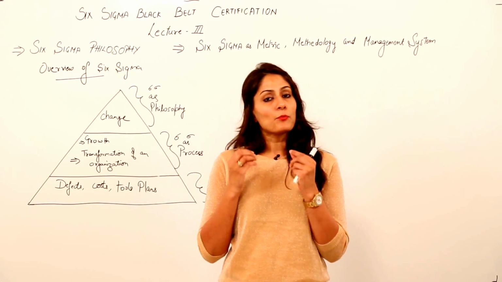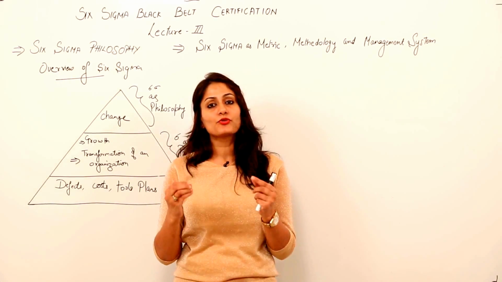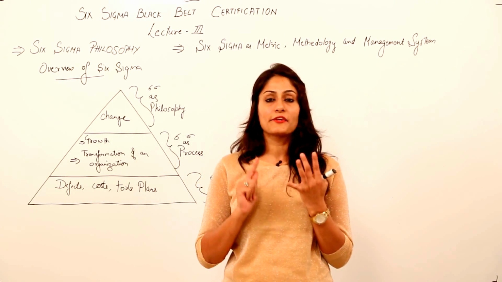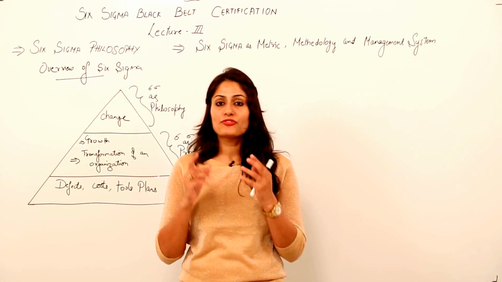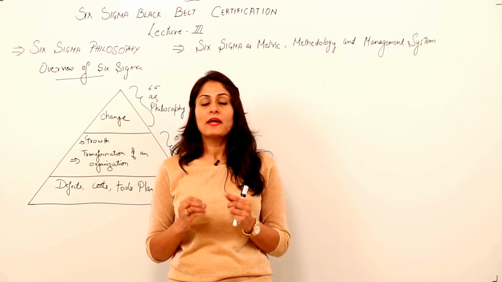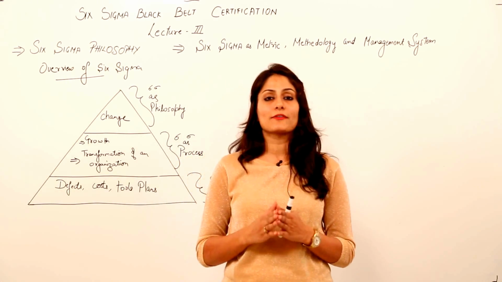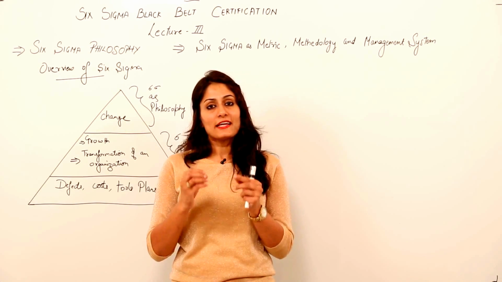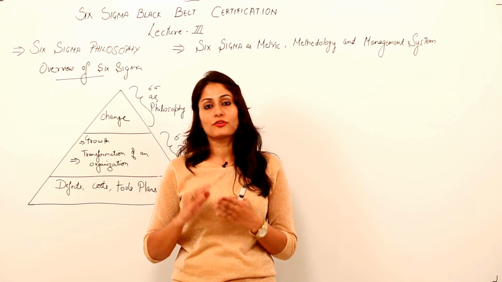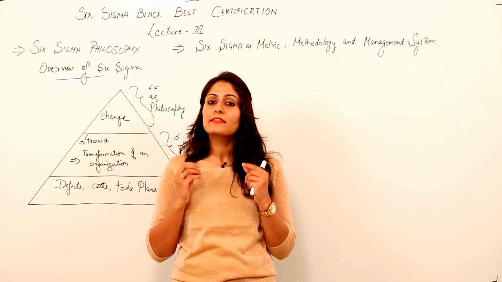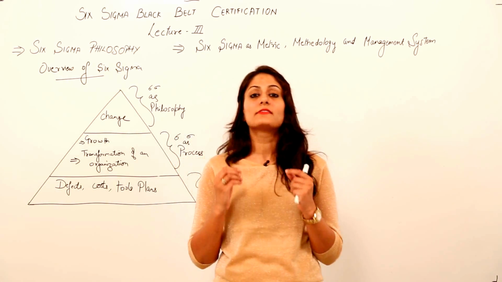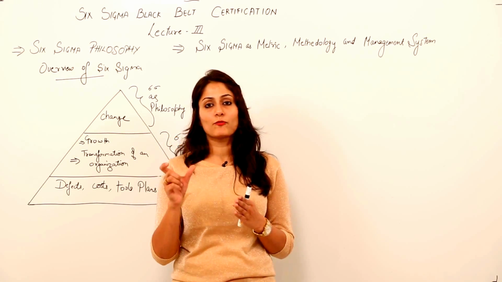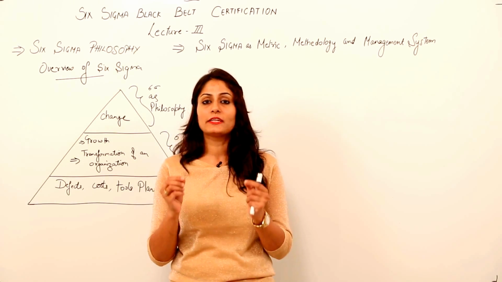If we can remove this variation and produce products and services which are of right cost, which are defect free, error free, which last for expected period of time, then we would receive no customer complaints. And a happy and satisfied customer is a root and a foundation of strong business houses, and this also defines our Six Sigma philosophy.